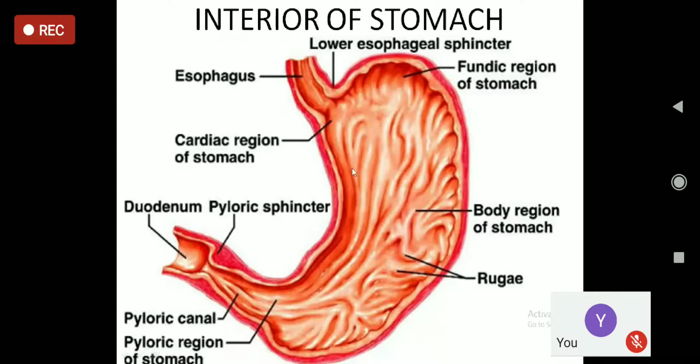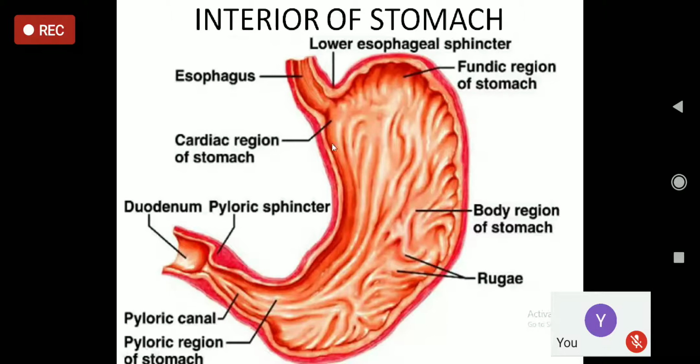So these longitudinal mucosal folds towards the lesser curvature form a canal between two longitudinal mucosal folds, which is known as the gastric canal. Are you getting my point? Yes, ma'am.